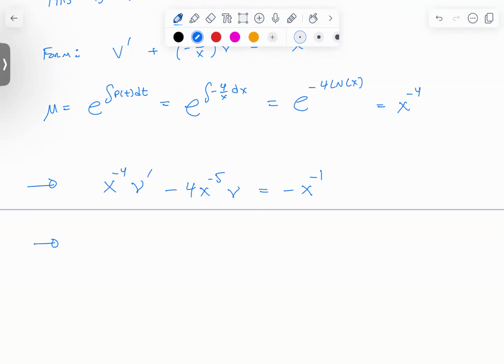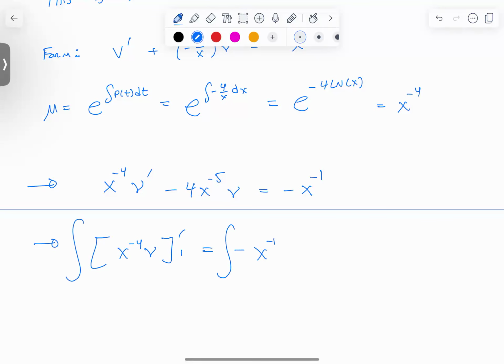So even though there's a negative there, because the negative of x to the negative 4th comes down and becomes negative. So again, we always want to make sure we're double checking our signs. So x to the negative 4th v product equals negative x to the negative 1.